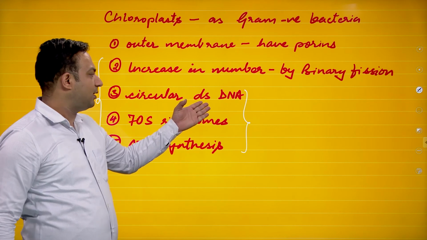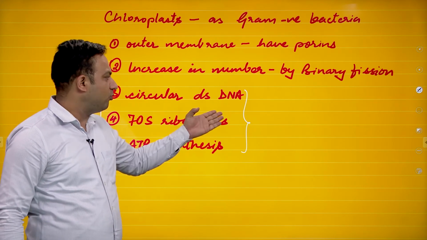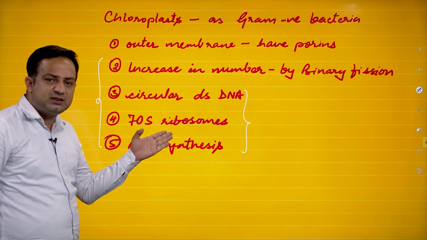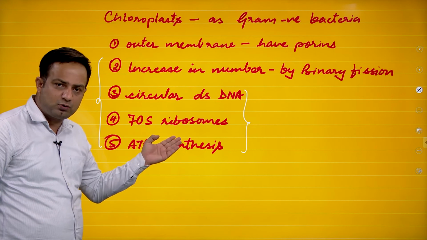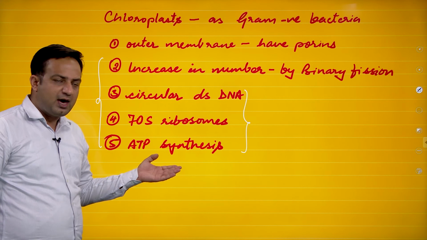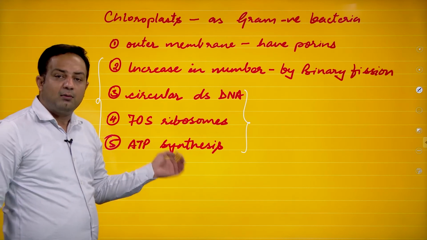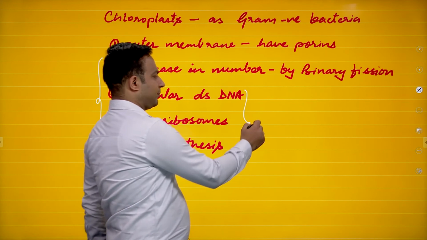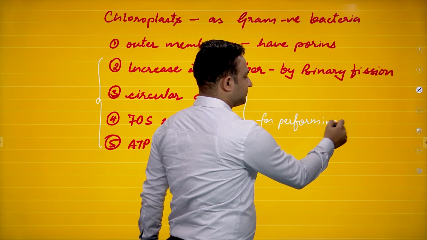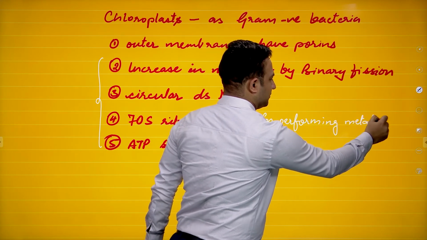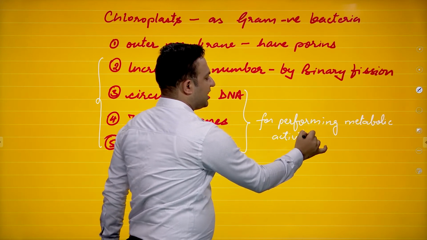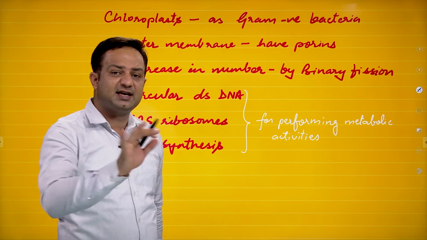The genes for enzymes are located in this DNA. The site of protein synthesis, means the enzyme synthesis, is the ribosome. The energy required for the protein synthesis is from ATP. Everything they have, okay? But again there is a problem. For performing metabolic activities, they have all the apparatus, protein synthesizing machinery.